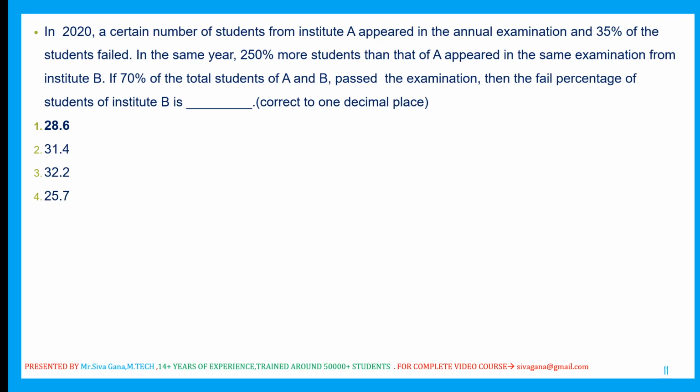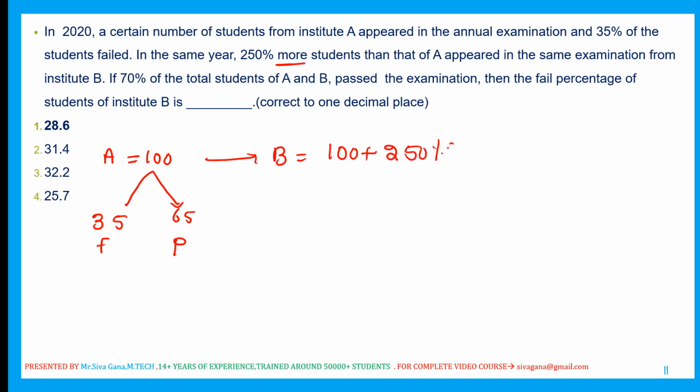In the same year, 250% more students than A appeared in the same examination from Institute B. Let us say Institute A has 100; when percentages are there, it is easy. 100 appeared, 35% failed, which means 65 passed from Institute A. Now Institute B: 250% more, so 100 plus 250% of 100, nothing but 350 appeared from Institute B.